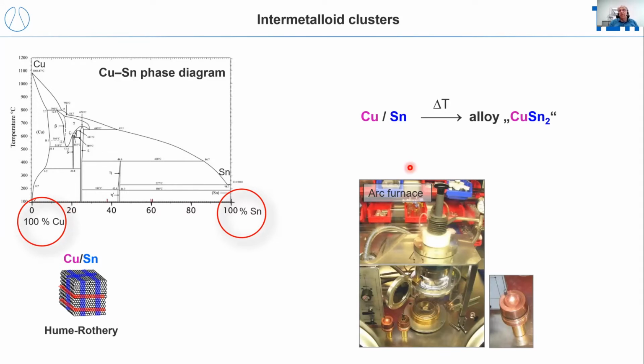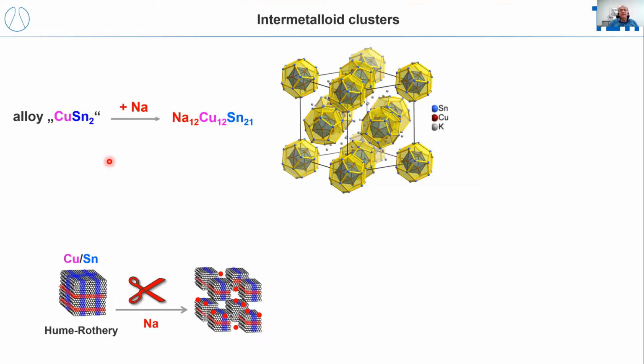You take copper and tin, heat them up, for example, with the arc furnace, and you make maybe in the composition 1 to 2 some alloy. This is a mixture of structures. But then if you add alkali metals as a scissor, we found this beautiful compound which has individual large clusters in the solid. What is happening here is that we have the scissor and we cut those clusters out of the Hume-Rothery phase.